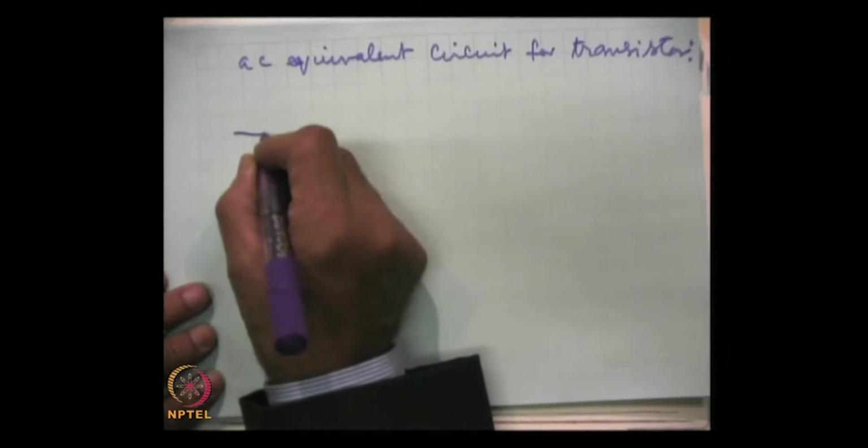What is the analysis? We should be able to calculate the voltage gain in the circuit, the input impedance, the output impedance, the power gain, and the current gain. All this will be possible through proper analysis, and a proper analysis needs a proper equivalent circuit. So, that is why we have to talk about this. Now, this is the circuit.